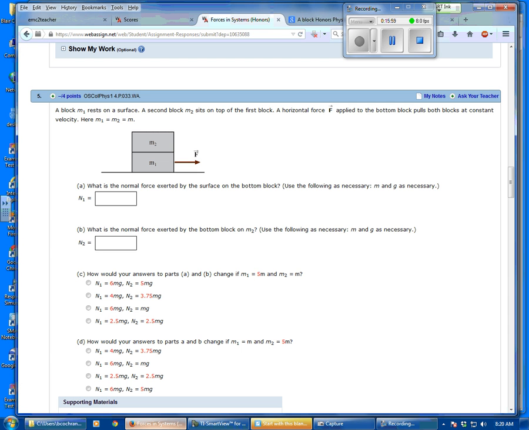Okay. Now, what does it mean to be at a constant velocity? Why'd you change your answer? Right, because it has to have a zero acceleration. If it's got a zero acceleration, what's the net force on it?